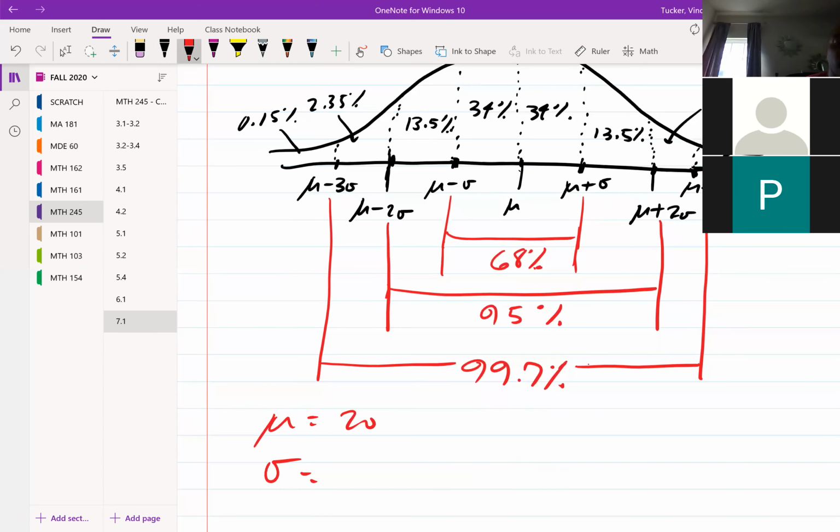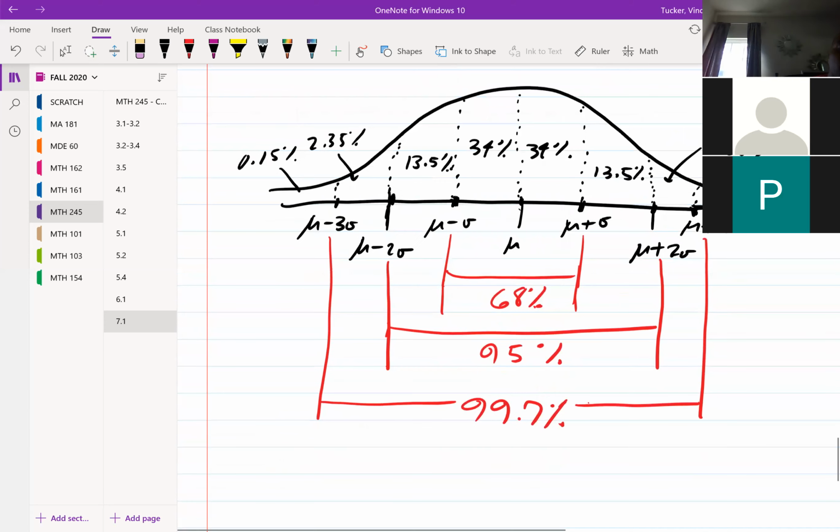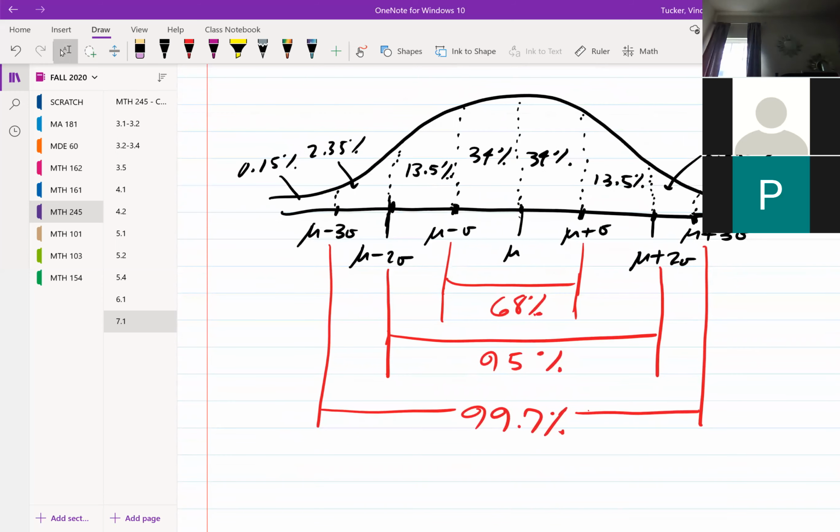Let's say the mean was 100, and then 16. So your mean would be in the middle. Add 16 is 116. Add another 16 is 132. That's the process there. So that's more of a review, just letting you know that property still holds true for this case.